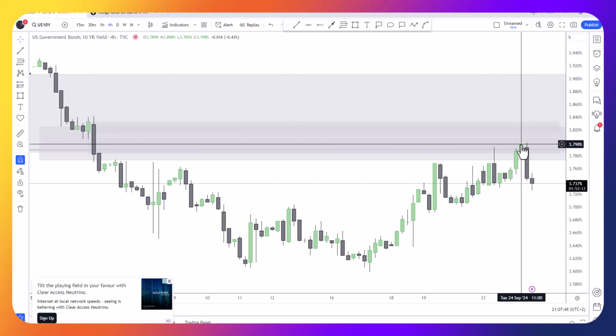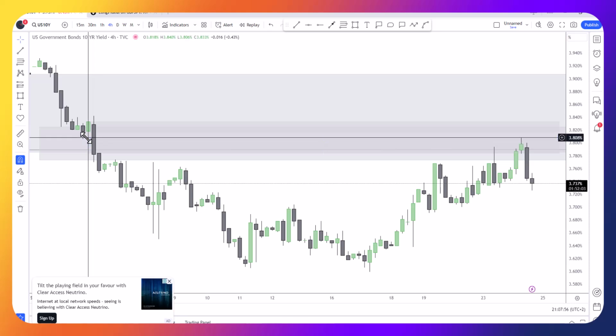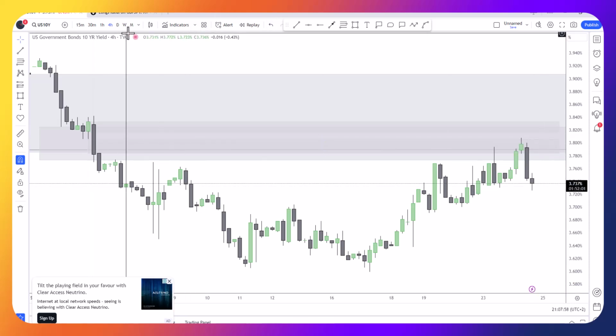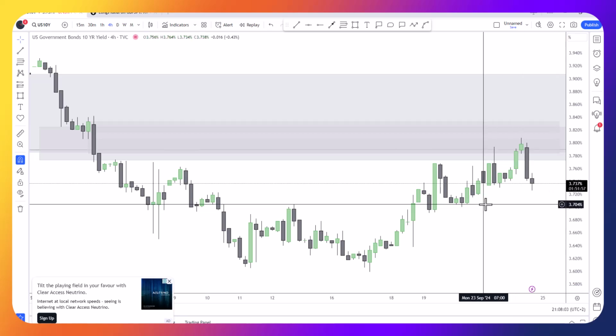The high of this candle is coming in at 3.808. Boom, 0.002% higher. So it closed that gap. Once that gap is closed, and you can see already market started tumbling to the downside, right?